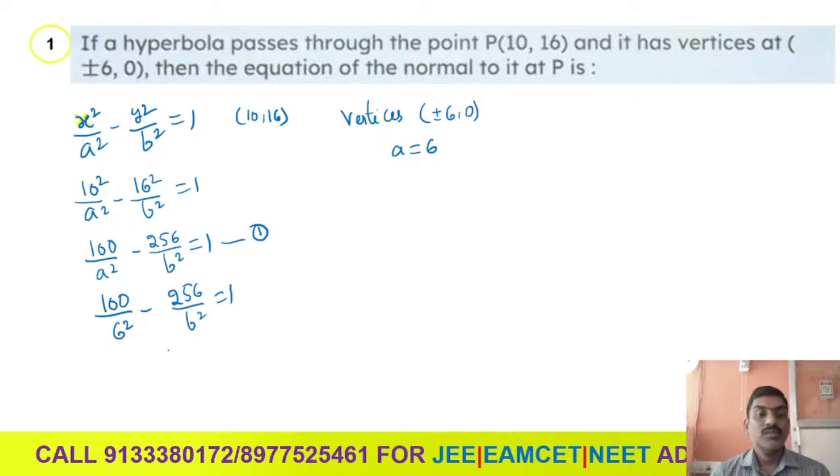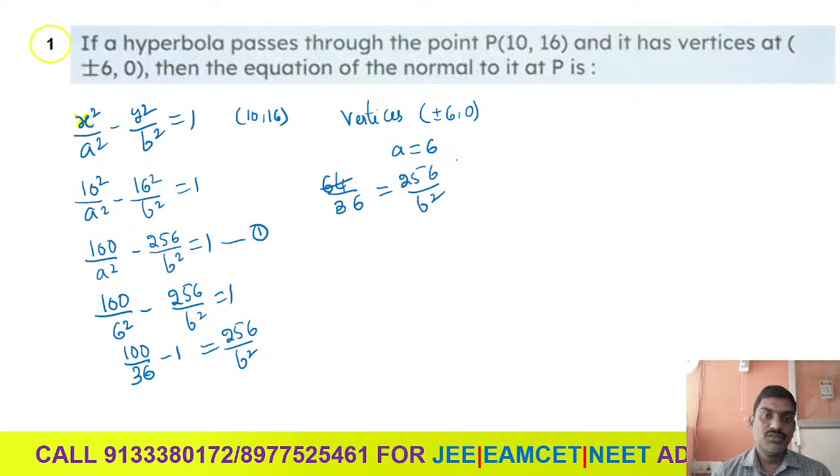So from this, 100 divided by 36 minus 1 is equal to 256 divided by b square. So 100 minus 36 is 64. 64 divided by 36 is equal to 256 divided by b square. So b square is equal to 4 times 36. Then b is equal to 2 times 6, so b is equal to 12.